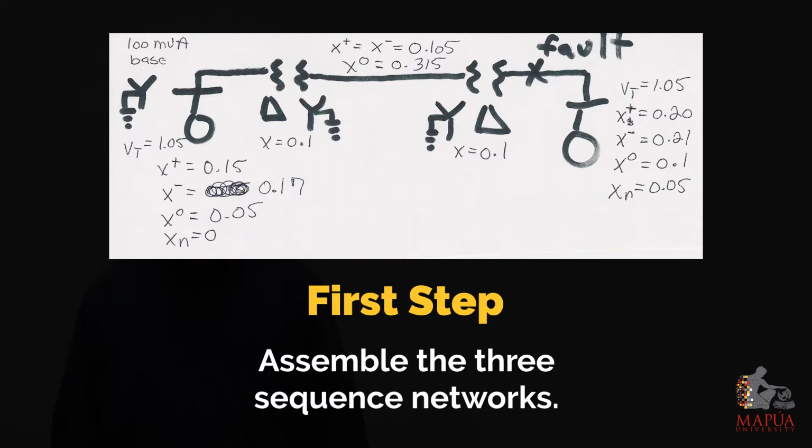Now, we are asked to develop the sequence networks. Assume that the sequence reactances of all components are given in per unit values and are already converted based on the selected base MVA and likewise the base voltage.